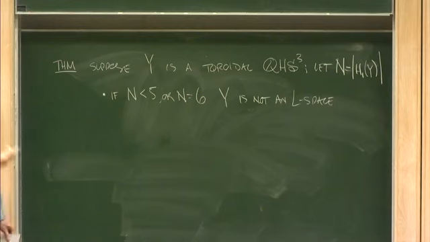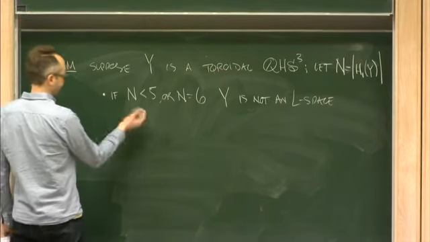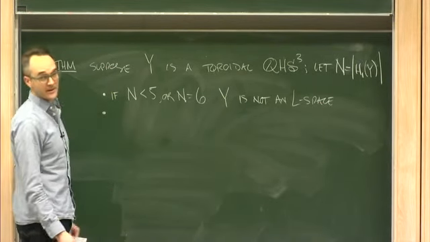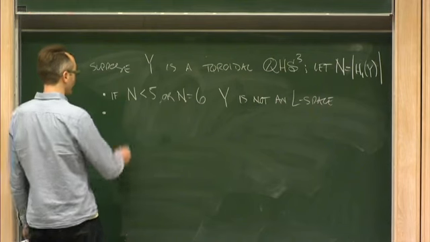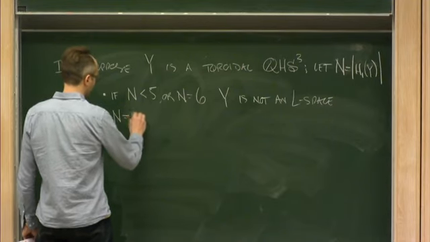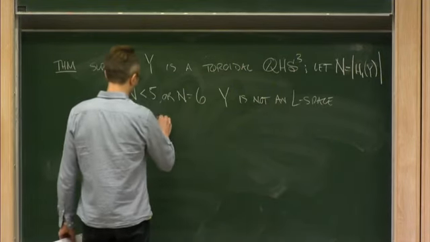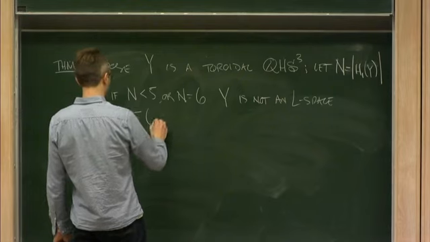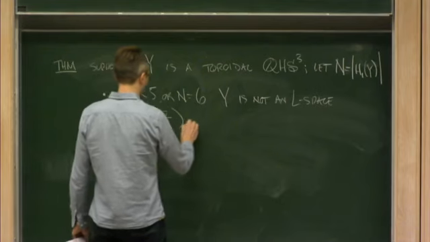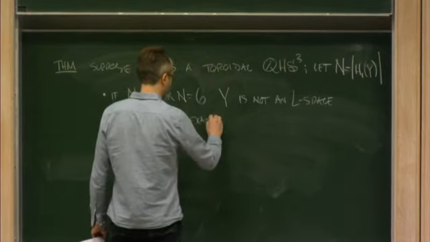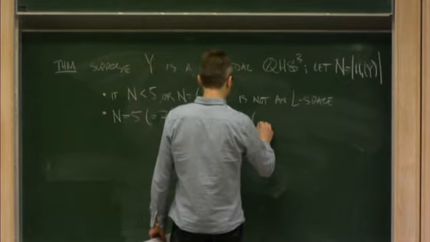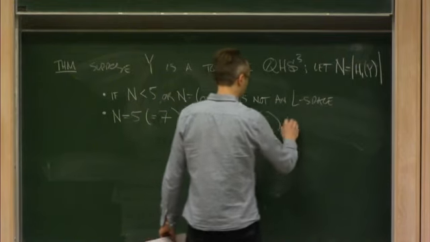And then you can just sort of keep moving along here, and you could ask, well, when do I get a family of L spaces? When is that family of L spaces infinite? So when n is equal to 5, respectively equal to 7, there's exactly 4, respectively 8 L spaces.